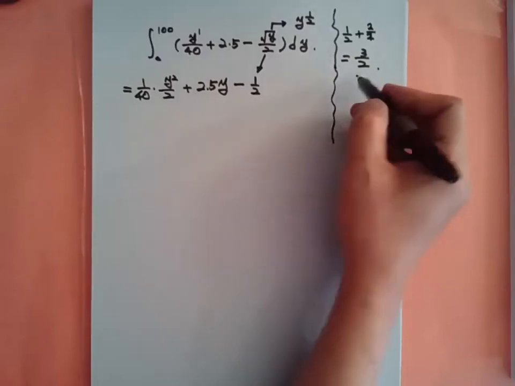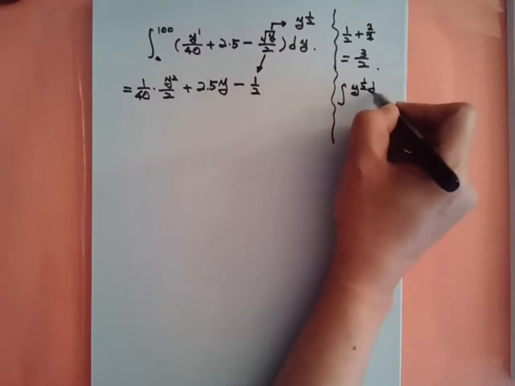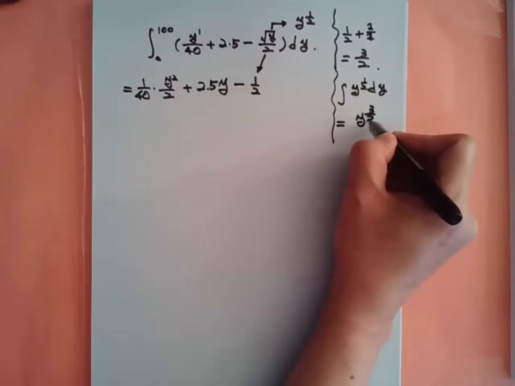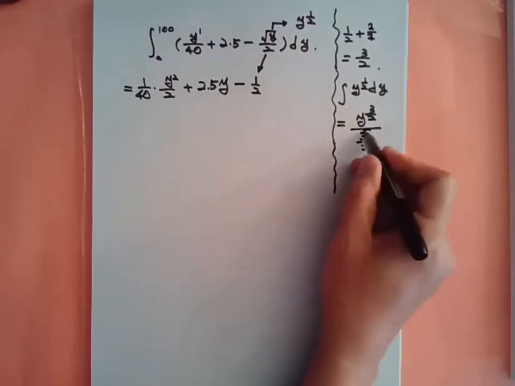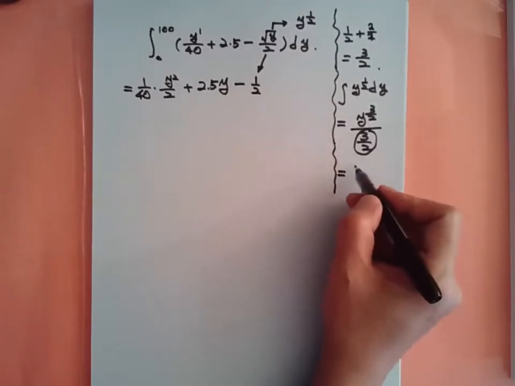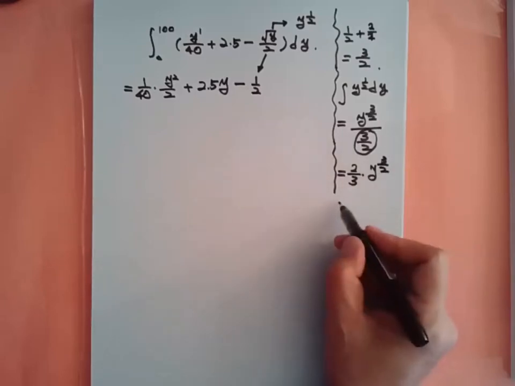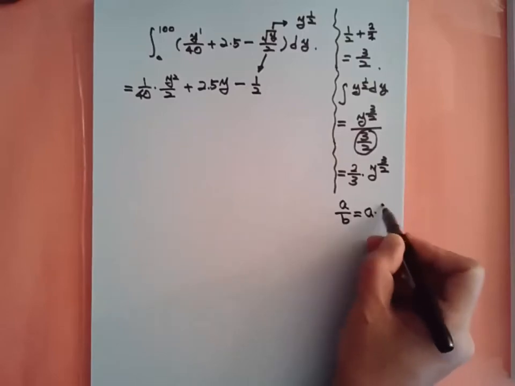And then when we integrate y to the 1/2 power, this one will be y to the 3 over 2 power over 3 over 2 power. And this is in the denominator, so we can flip it and write it in front of the numerator. That came from this one, a times 1 over b.